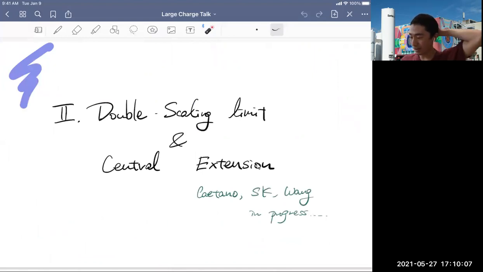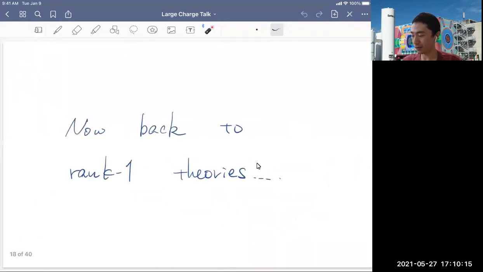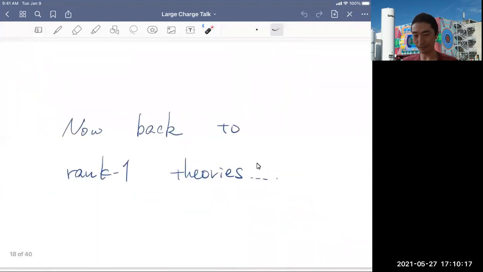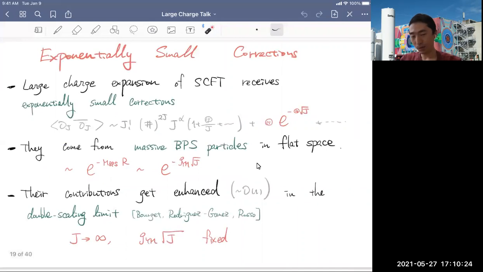Now I'm going to briefly discuss work in progress with Joao Caetano and Ethan Wan, about the double scaling limit and the central extension. Now I forget about the U(N) series, and I'm back to the rank 1 series. The topic I'm going to discuss now is the exponentially small corrections.